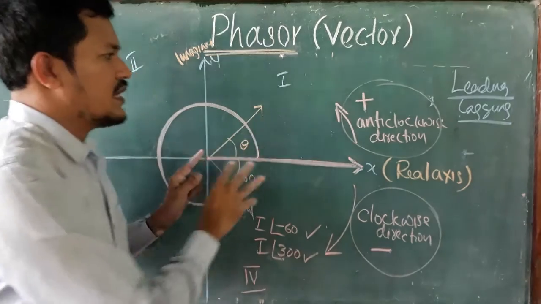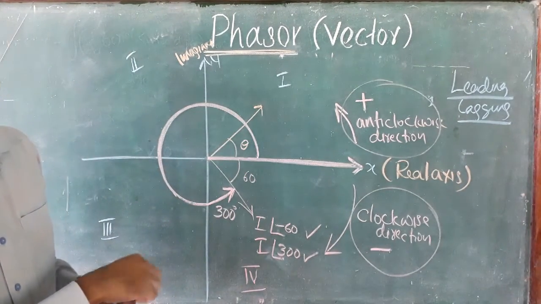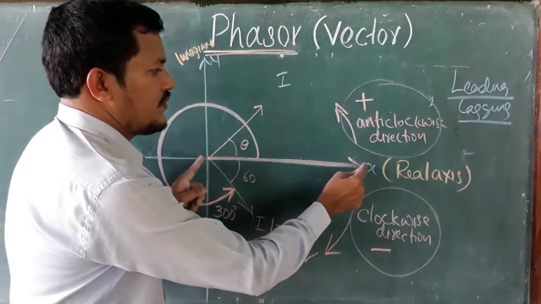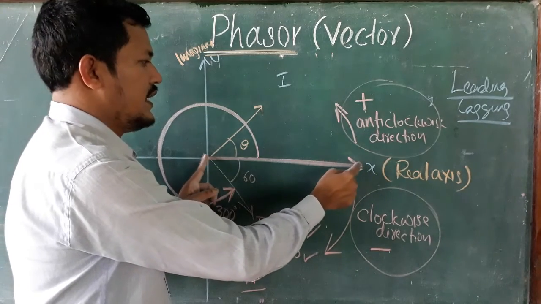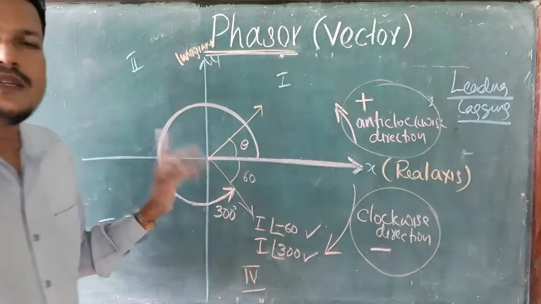Clear? Suppose we are converting any polar form to rectangular form. We will get some angle, and that angle should be with reference to the positive x-axis. Anti-clockwise is positive, this other way is negative.